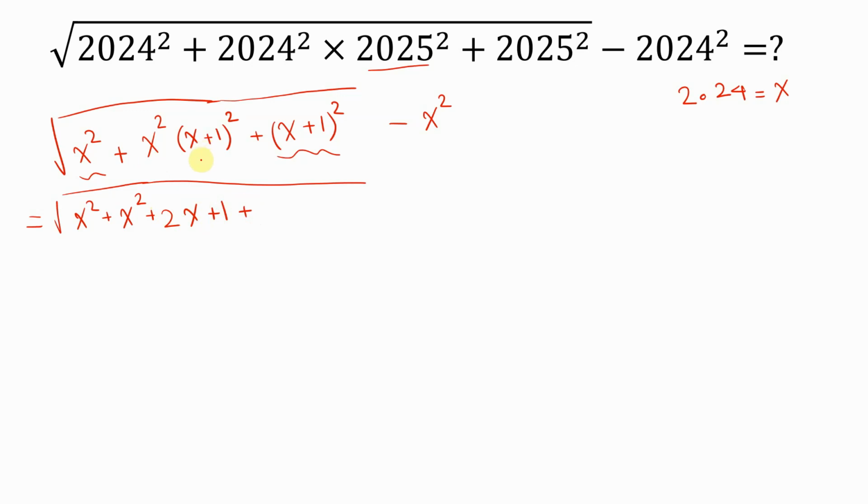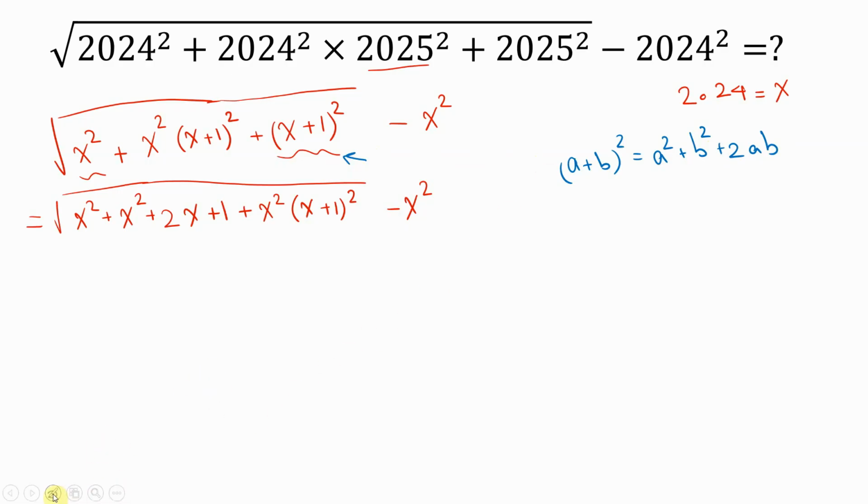I'm going to leave this one and not simplify it: x squared times x plus 1 squared, minus x squared. By the way, I use a plus b to the power of 2, which is equal to a squared plus b squared plus 2ab, for expanding this expression in here.